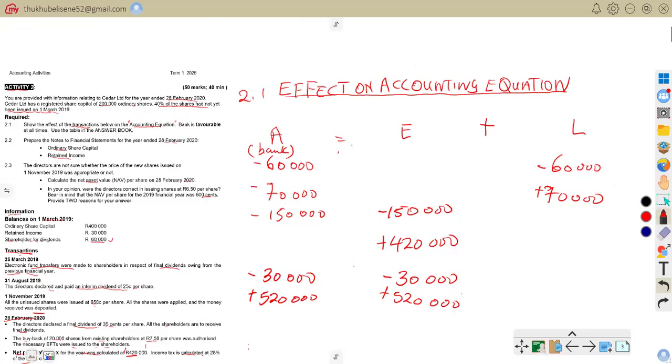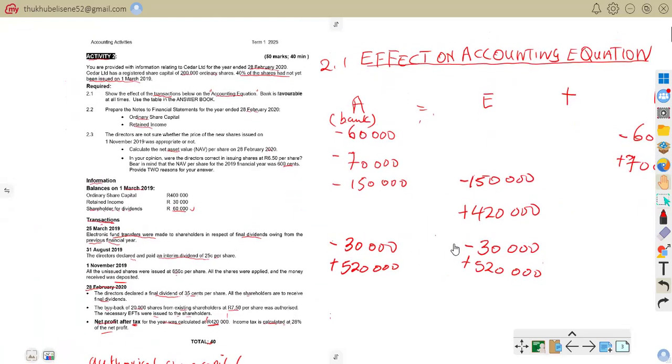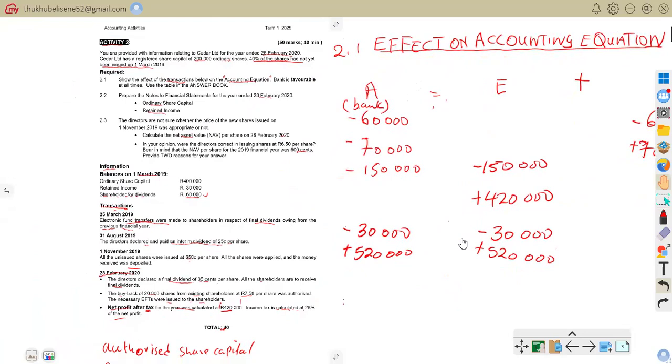So now let us move on and see what is left. But we can now see that all the transactions are treated, because we did the transactions on the 25th, 31st, 1 November, as well as a transaction for 28 February 2020.